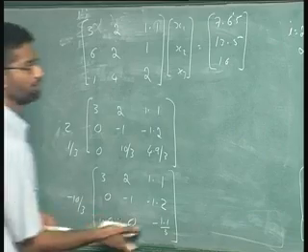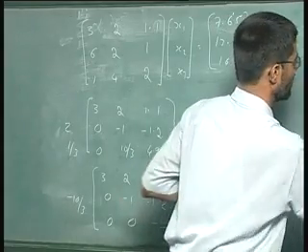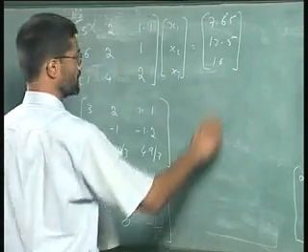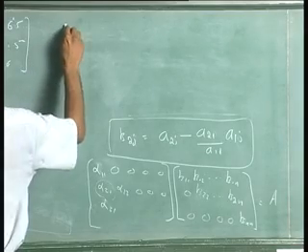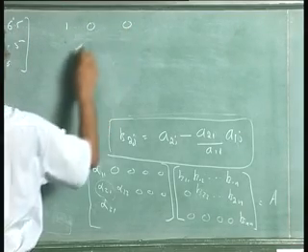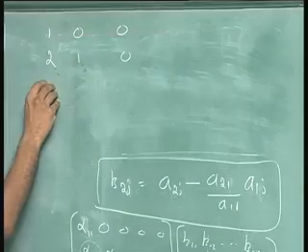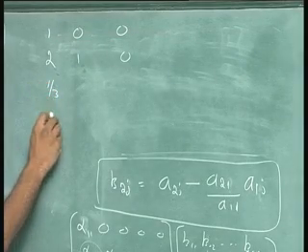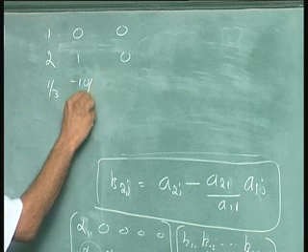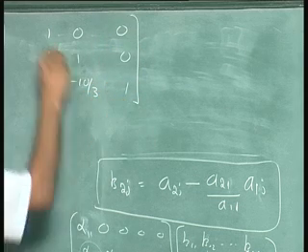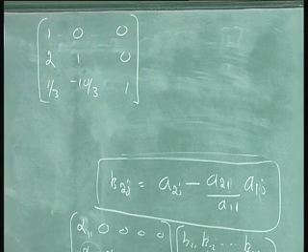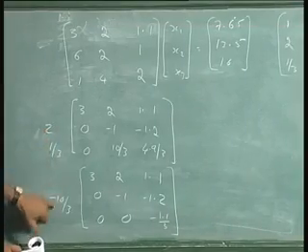So my alpha matrix now is 1 0 0, and then I have 2 1 0, and then I have 1 by 3, minus 10 by 3, 1. That's my alpha matrix now. These are the three factors I put in there.